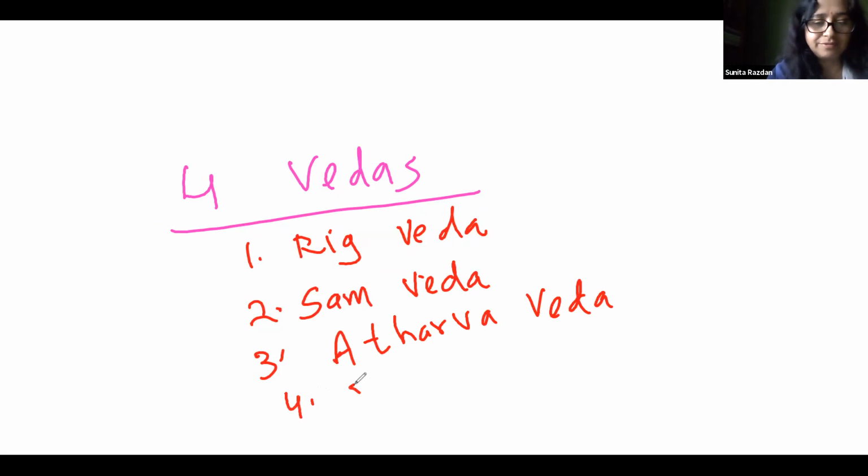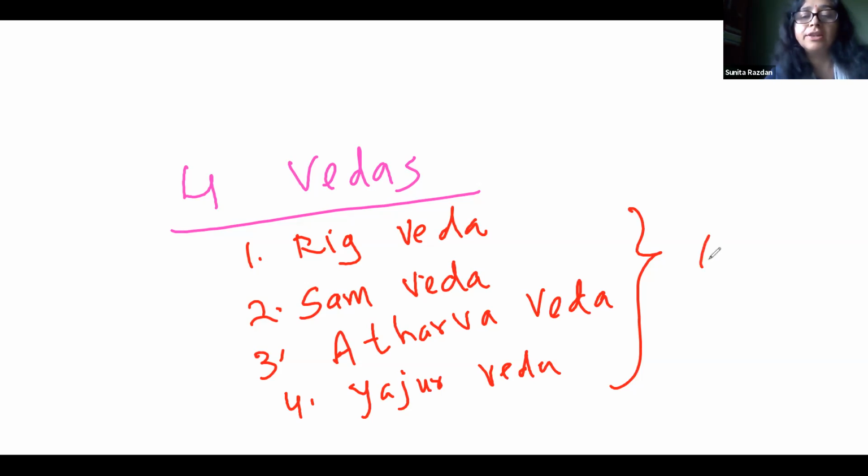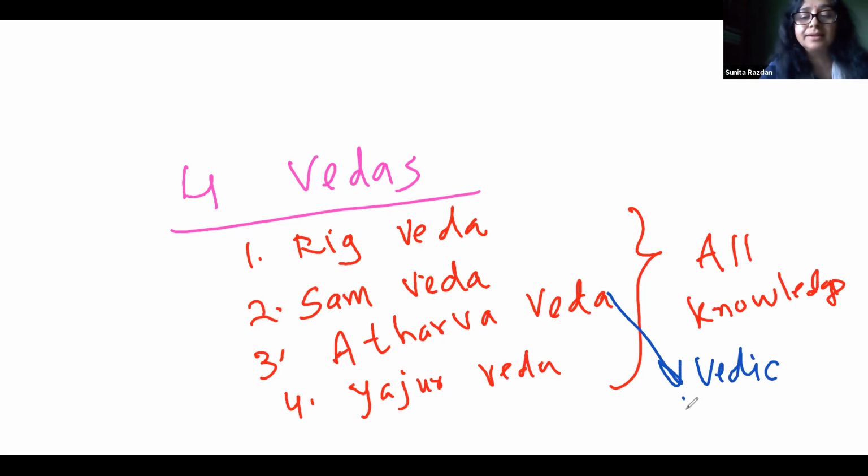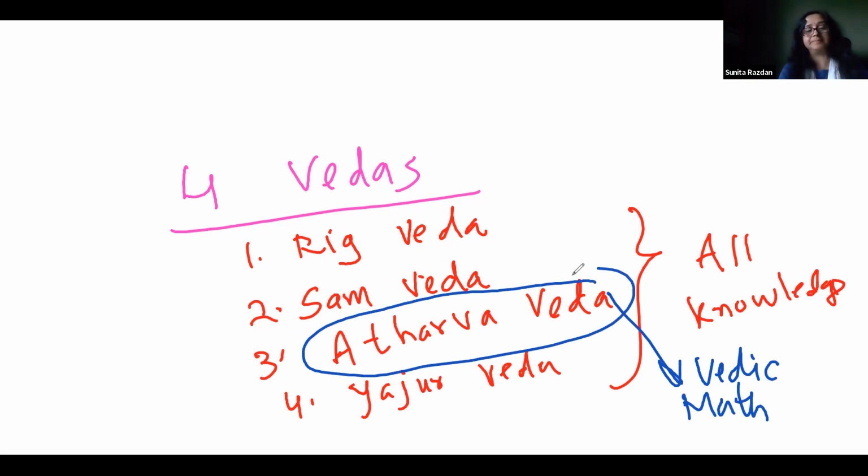Number 4 is Yajurveda. So these are the 4 Vedas. It is said that all knowledge is in these 4 Vedas. Everything, physics, chemistry, biology, everything that is happening in this world and what will happen, everything is stored in these Vedas. So this Vedic math is from the Atharva Veda.